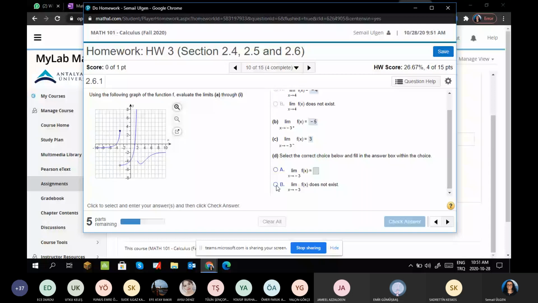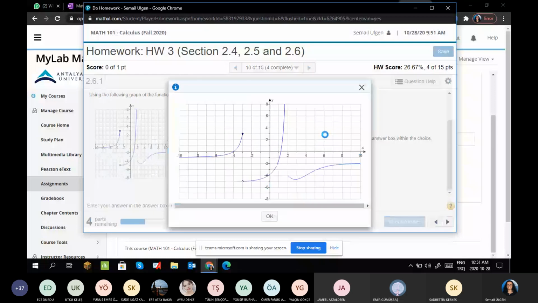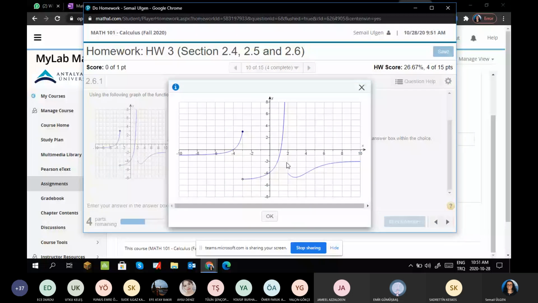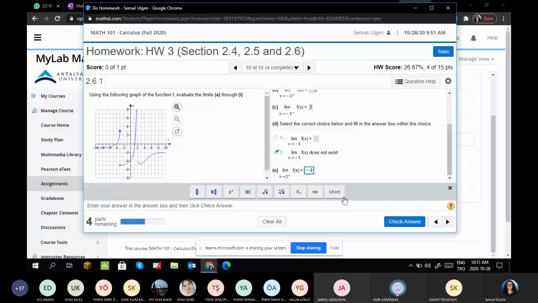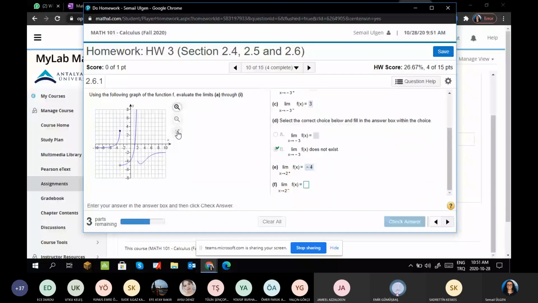How about the limit as x approaches 2 from the right? Let's see. We are going to approach the limit at 2 from the right. It is -4, right? -4, let's put it in. -4. Did you guys all see it? Okay, and as x approaches 2 from the left, let's open it up.